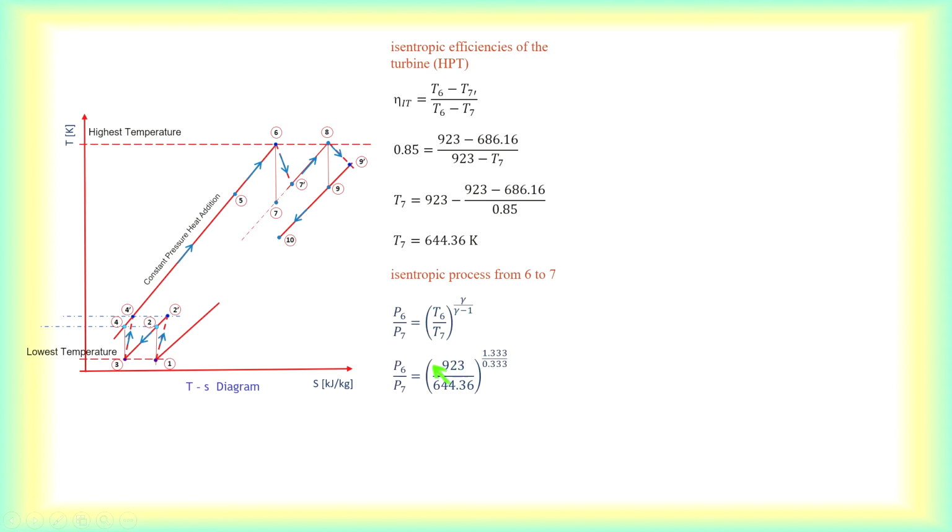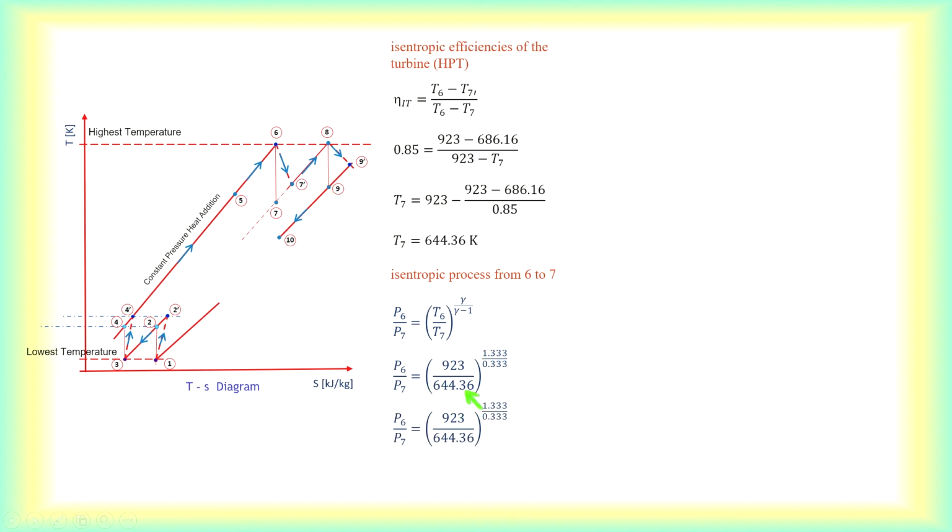What is the reason? We have to find the pressure ratio of P6 to P7 so that we can find the pressure ratio of P8 to P9, because we know the overall pressure ratio as well. Since we know the overall pressure ratio, and if we know the pressure ratio between 6 and 7, we will be able to find the pressure ratio of 8 to 9.